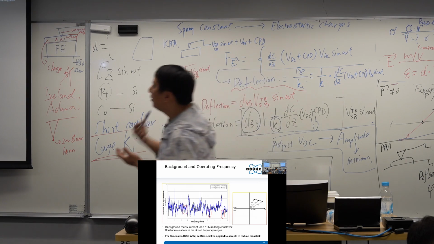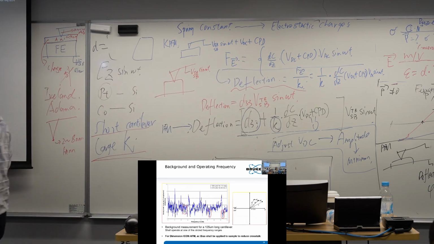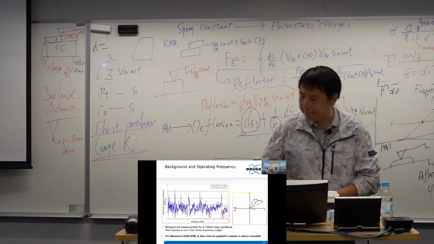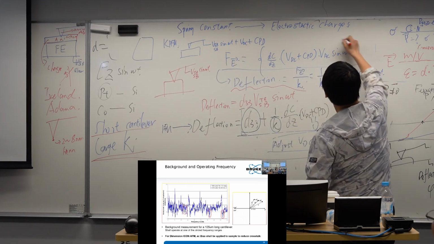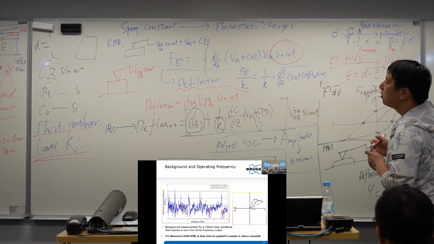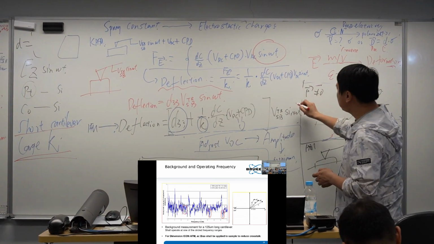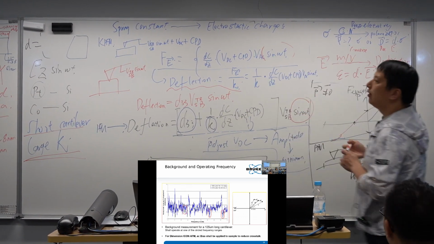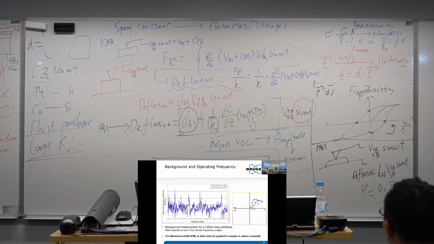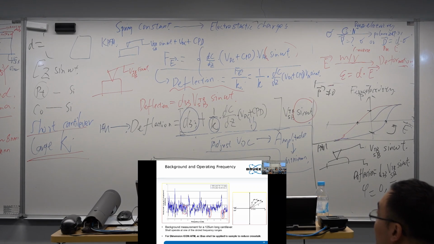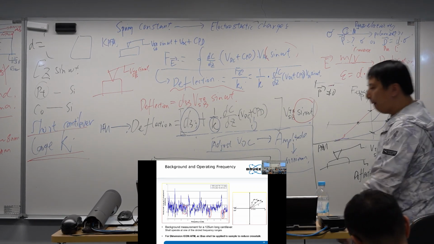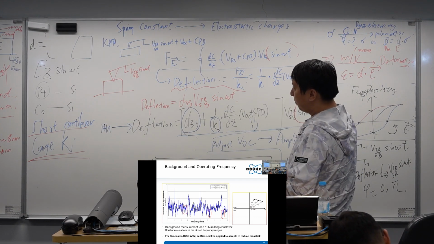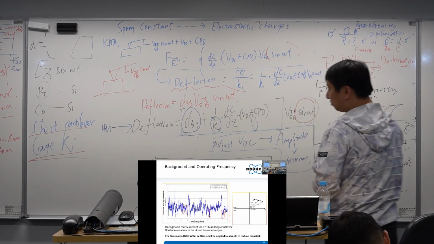So the next question we need to talk about is the frequency, omega. In KPFM, yesterday we said we want to detect the amplitude of our probes.